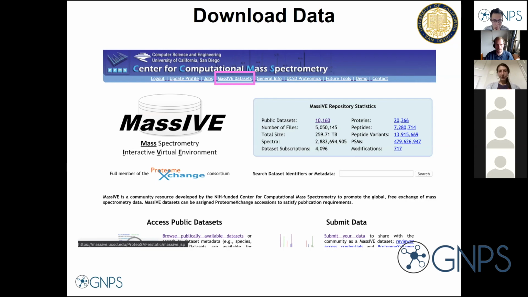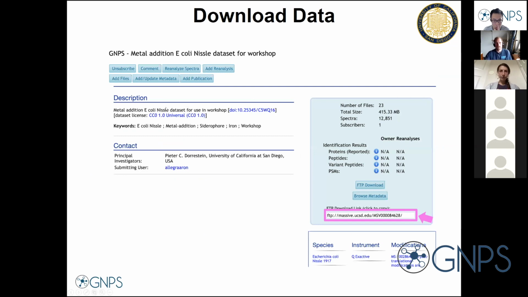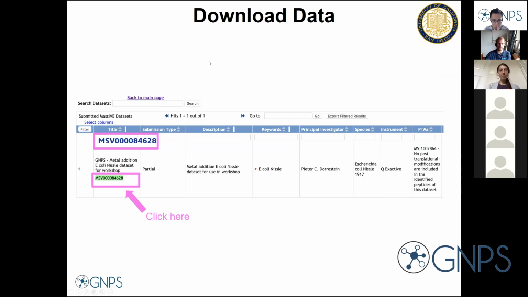So next slide, please, Daniel. Oh, can you go back one slide, please? Thank you. Okay, so once you have clicked on that button, you should see the page that looks like this. And then we can search for our data set of interest.